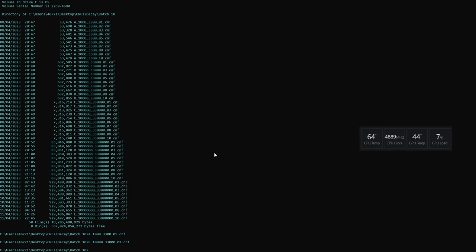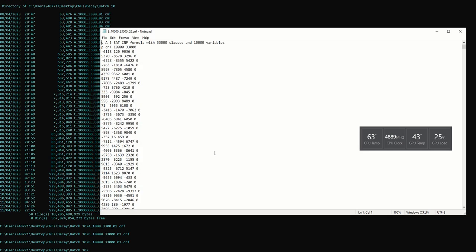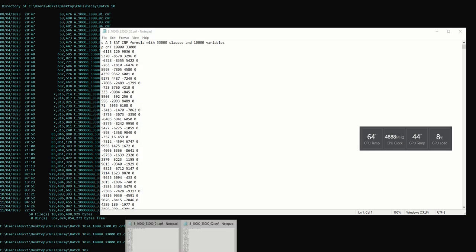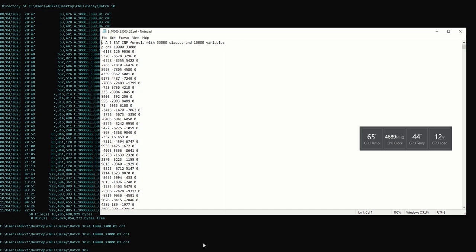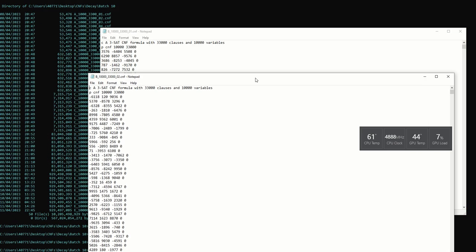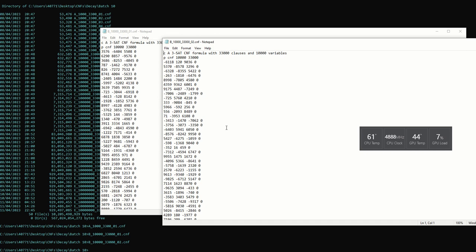Let's check another one, the next one, and put them side by side. So yeah, they're all different, but they have similarities, and I would say there are distinctive patterns that can be noticed.